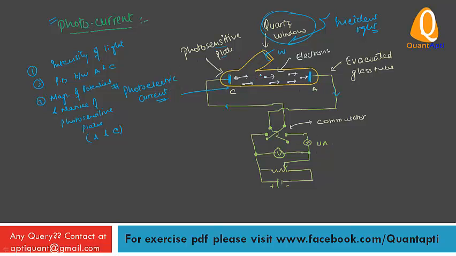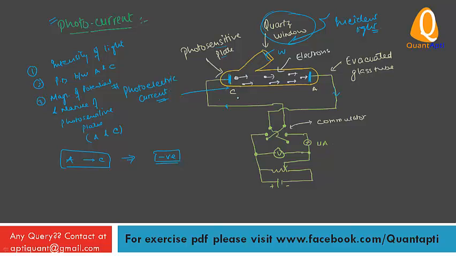Now, it may be noted that at a certain minimum negative potential between A and C, the photocurrent becomes 0.